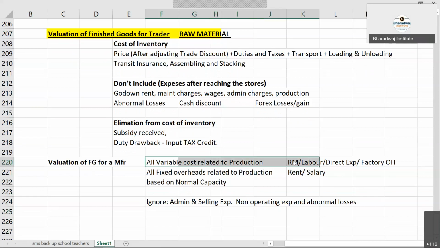So all the variable costs related to production and all fixed overheads related to production based on normal capacity can be included, but ignore administration and selling overheads. They are not part of production cost. Okay, please note this, then we will proceed.